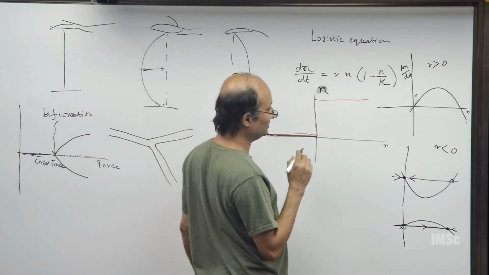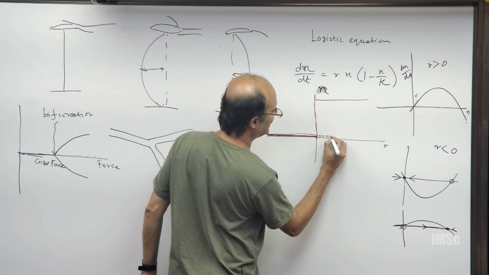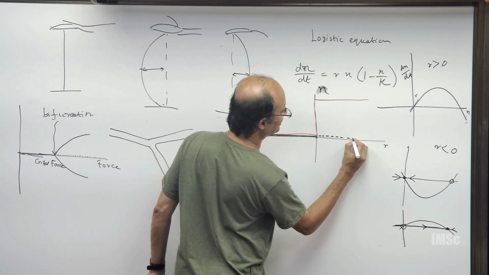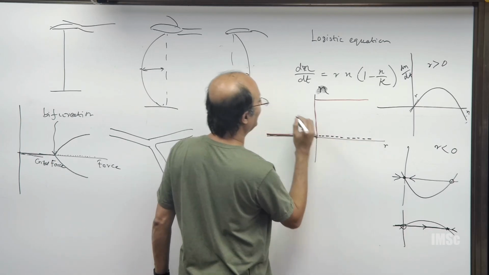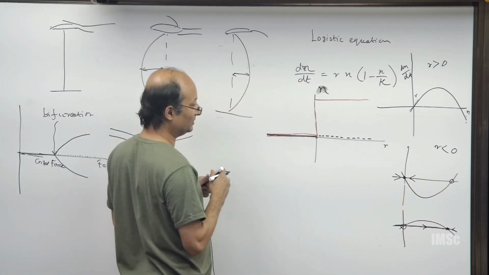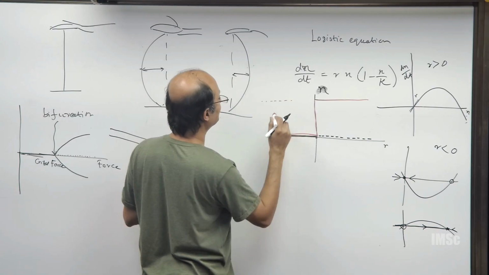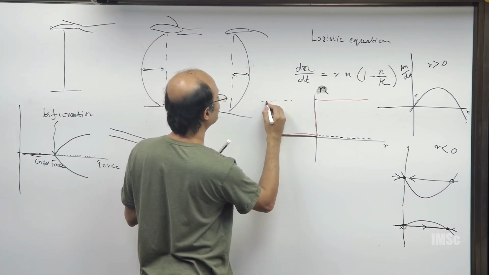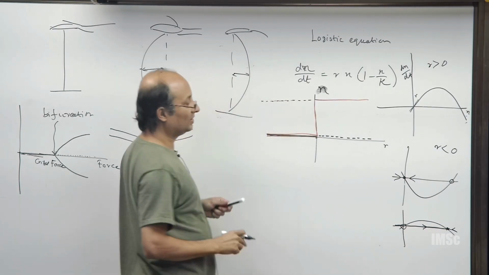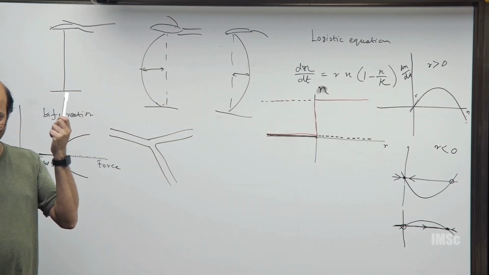Now the important thing to note is that this solution still exists, but it has now become unstable. And conversely, this solution was always there, but so what they are doing is that they are exchanging the stability, the two solutions.